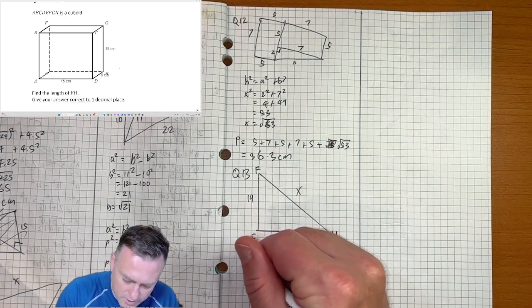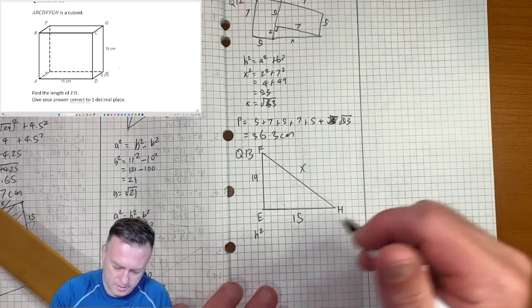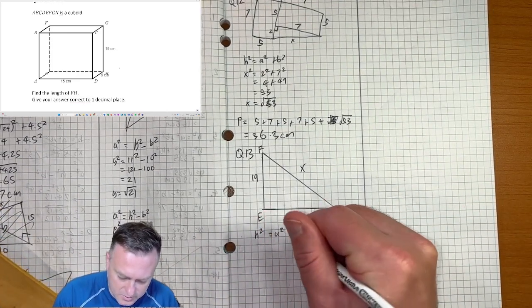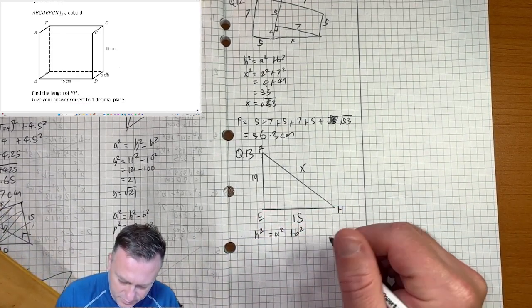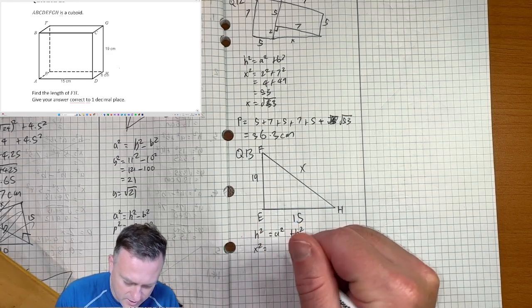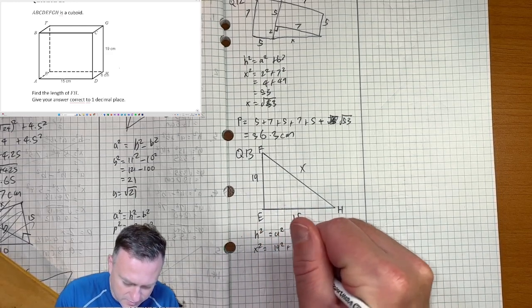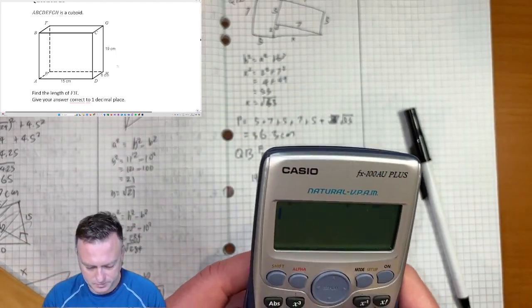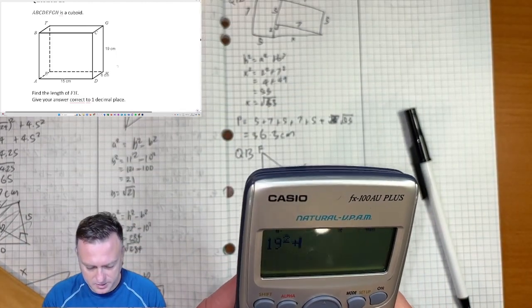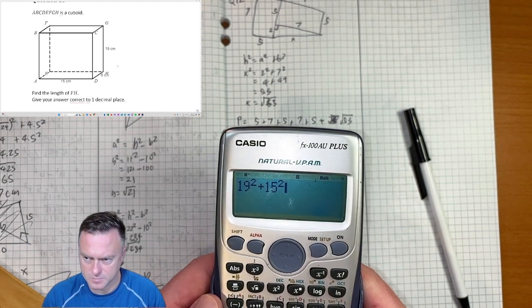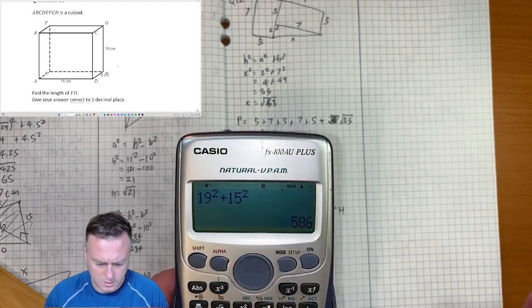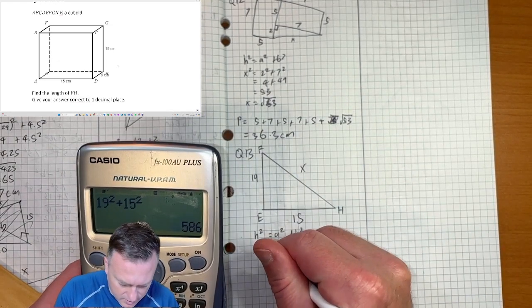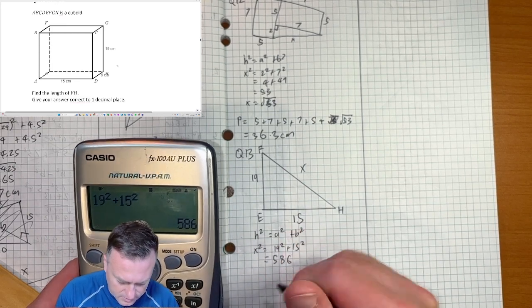So same rule, H squared equals A squared plus B squared. Fill in the blanks, so then we've got X squared is equal to 19 squared plus 15 squared. Grab your calculator. 19 squared plus 15 squared gives you 586.